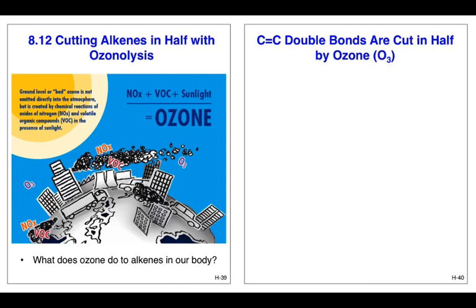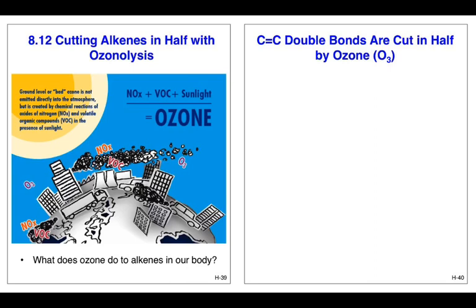But now at the surface of the Earth, in the air, ozone is bad for us, and it gets generated by compounds called NOx, which come out of engine exhausts, for example from cars. They react with sunlight and VOCs, volatile organic chemicals, and that forms ozone out of the oxygen in the air.